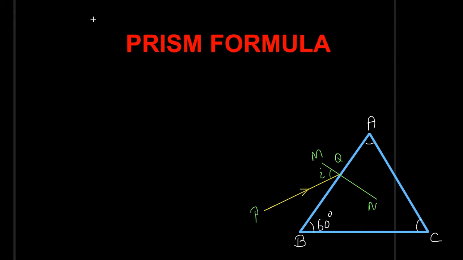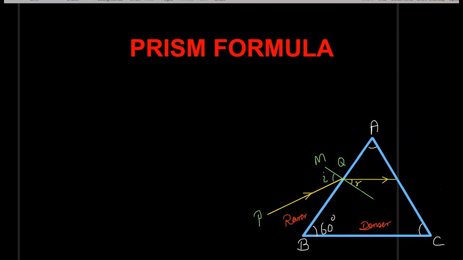What happens if the ray of light passes from a rarer medium to a denser medium? We know the ray undergoes refraction and bends towards the normal. Let r be the angle of refraction.